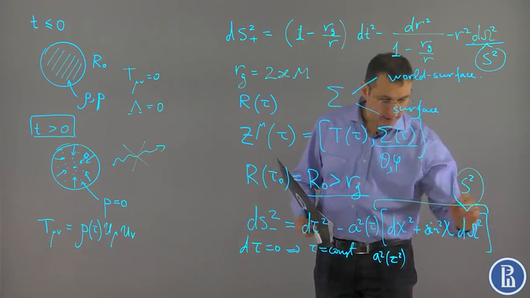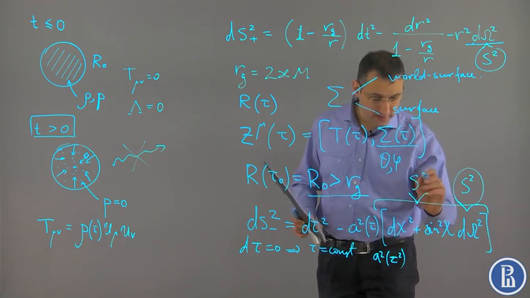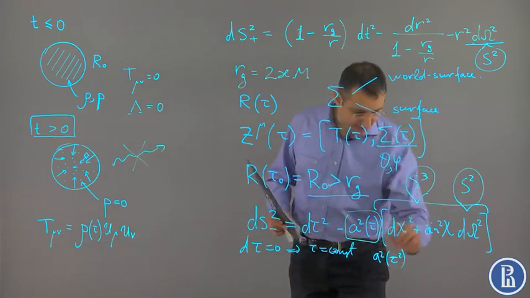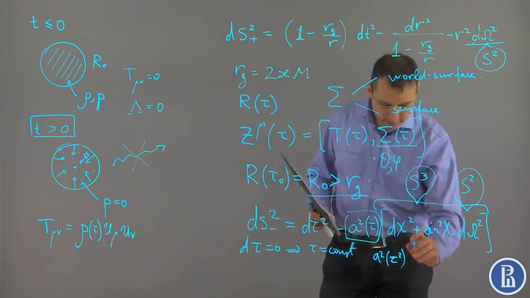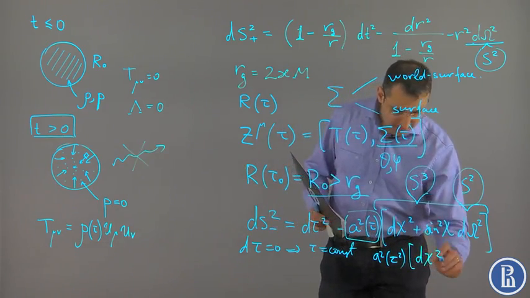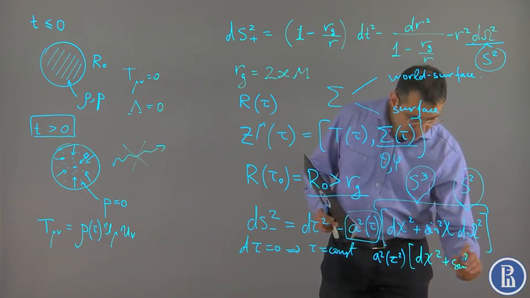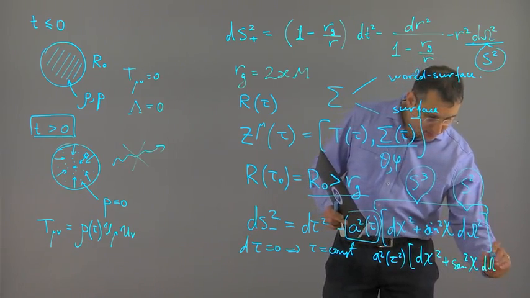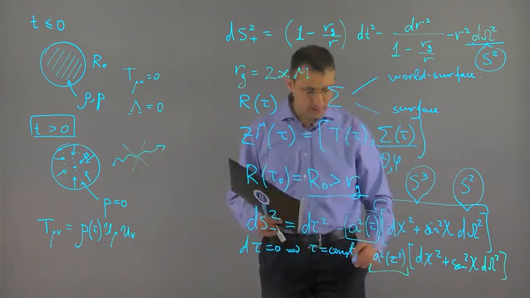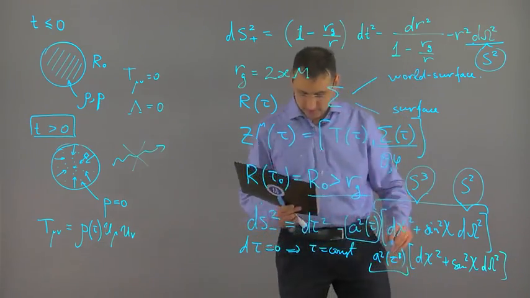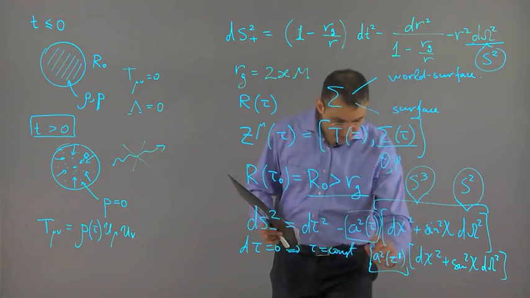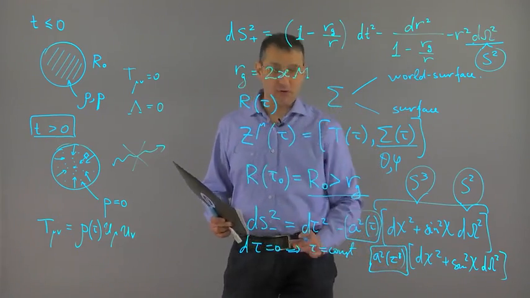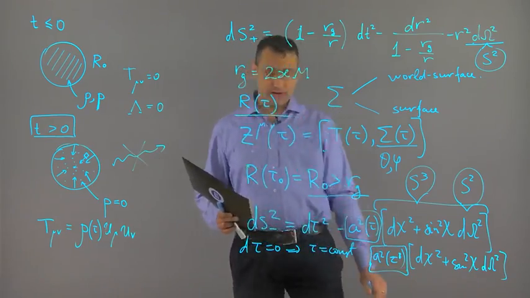And this total metric is the metric on the unit 3 sphere. So this metric together with this factor describes a 3 sphere with the radius a of tau, I'm sorry. And this radius is changing in time such that a gets smaller as time goes by.